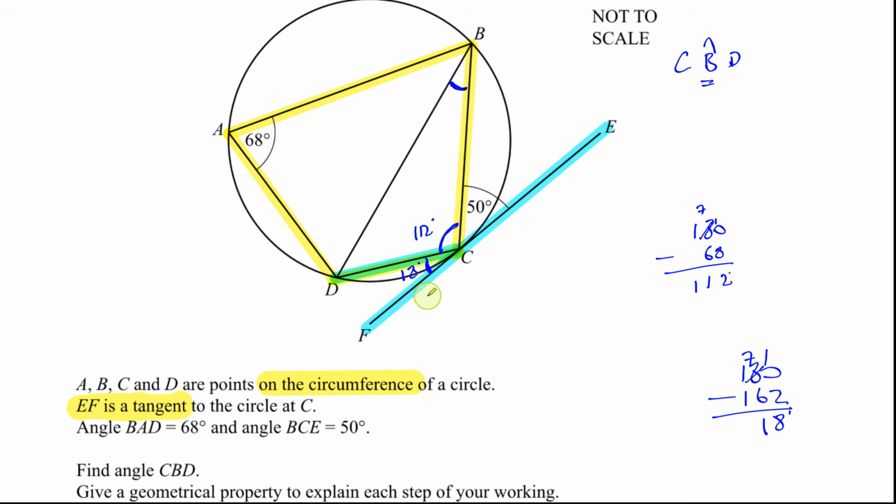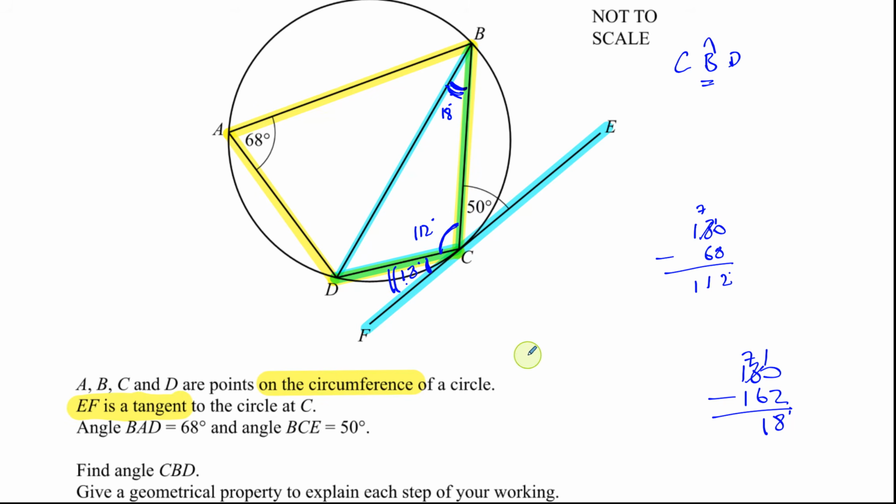The angle between the tangent and the chord is equal to the angle that is subtended by that chord onto the opposite side of the circle. So the angle subtended by that chord onto the other side of the circle. So this angle here and this will be the same. This angle and this angle is the same. So this is going to be 18 degrees, which is what we want to find.